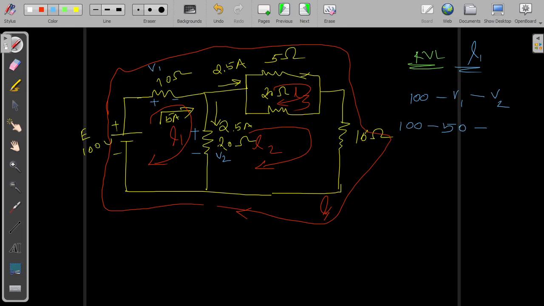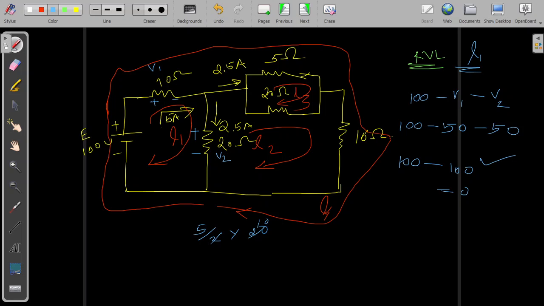V2 is again 2.5 into 20, that means 5 by 2 into 20, that means 10 into 5, again 50. So 100 minus 100 is equal to 0. So the KVL is satisfied here. So that's the problem.